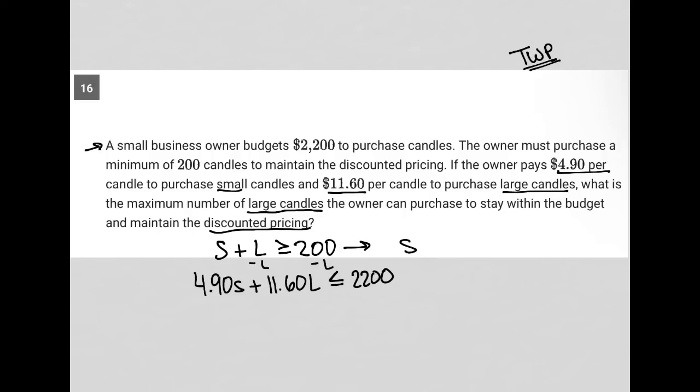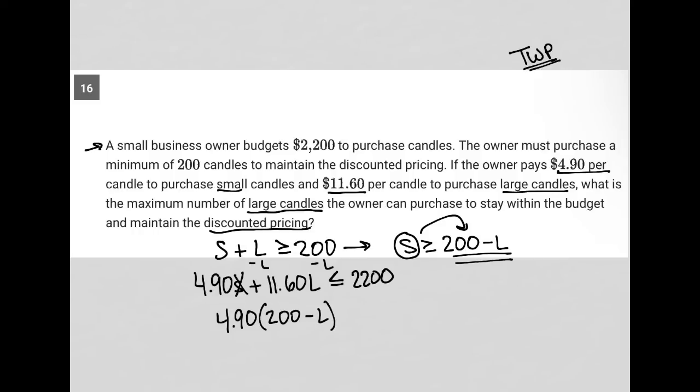So I'm going to have S is greater than or equal to 200 minus L. And in doing so, I can take this S value, this 200 minus L, replace this S down here with 200 minus L. So I have 4.90 times 200 minus L plus 11.60 L is less than or equal to 2,200. And now I have an inequality that only involves the variable L, which is what I want. I want to figure out large candles.